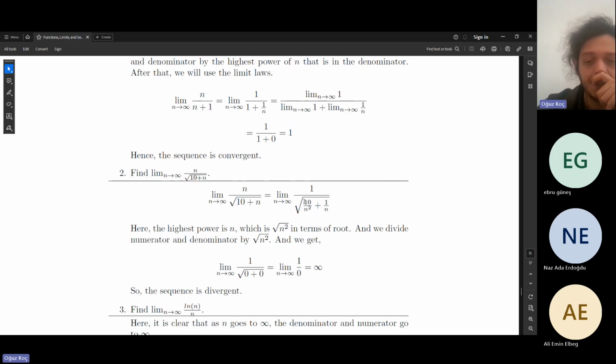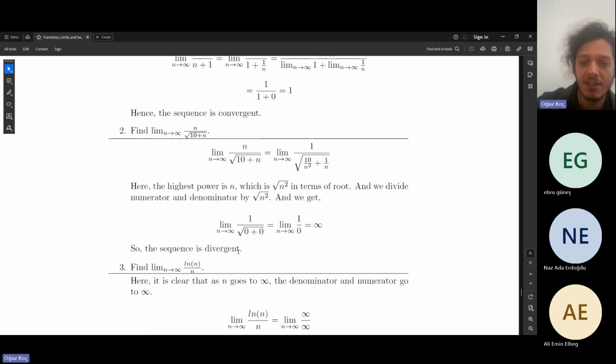We already know that the terms go to 0. Therefore, the lower side becomes 0, and any constant number divided by 0 goes to infinity. There is a difference when the number is negative and divided by 0; it goes to negative infinity. And hence, we can say that the sequence is divergent here.